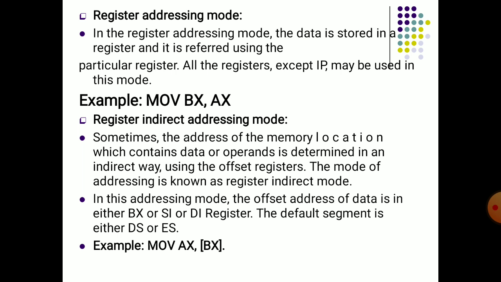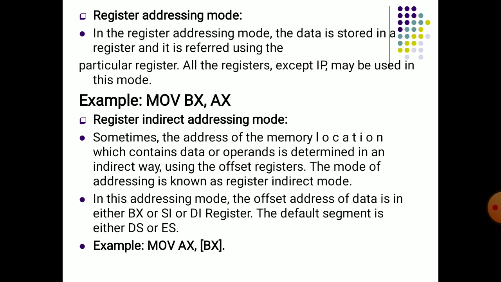For example, MOV AX, [BX]. This indicates the address is available in the BX register, that is, the address is indirectly stored in the BX register. Whatever data is available at the address in the BX register is moved into the AX register. That is the meaning of register indirect addressing mode.